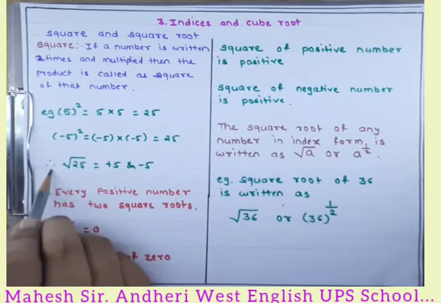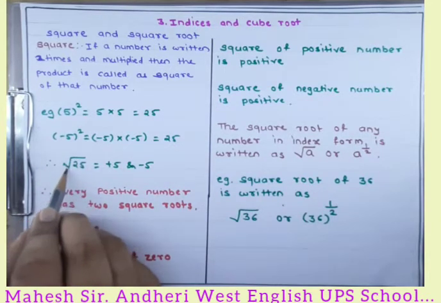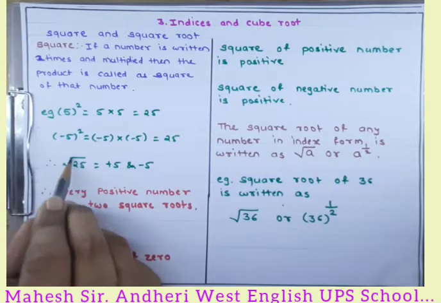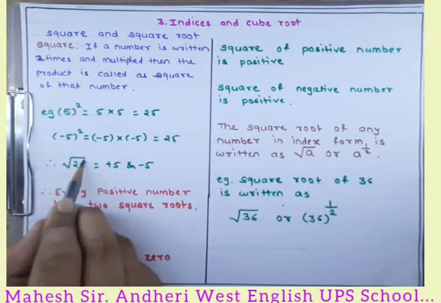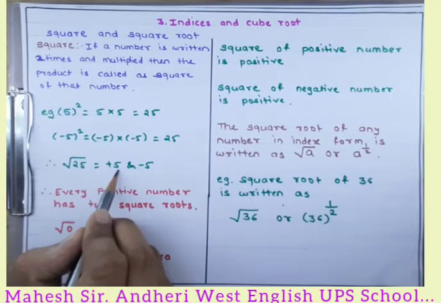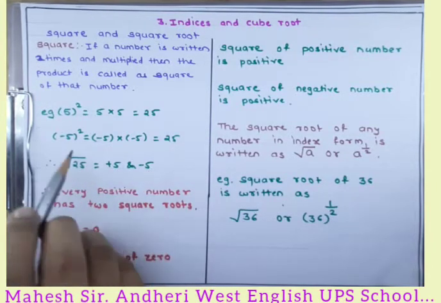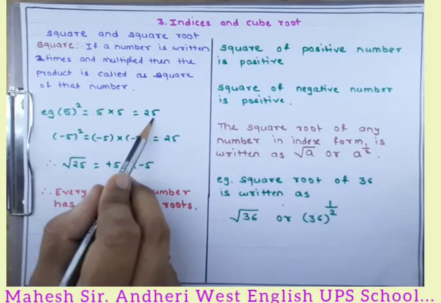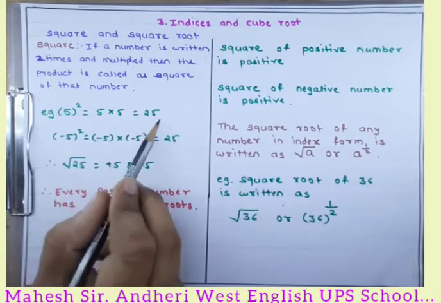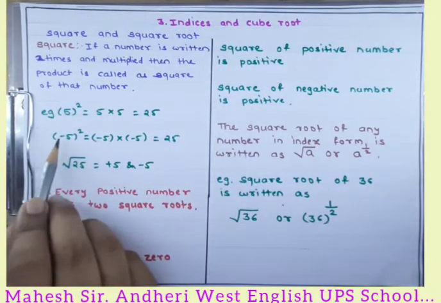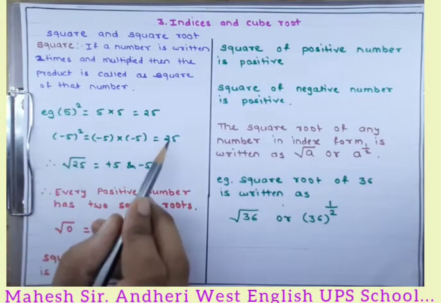Therefore what we can conclude here, square root of 25, this is the sign of square root, right? So square root of 25 is equal to plus 5 and minus 5. That means 5 square is 25, so in the opposite manner, we can write square root of 25 is 5. Second, minus 5 square is 25.